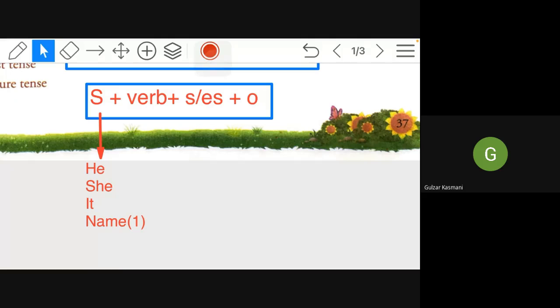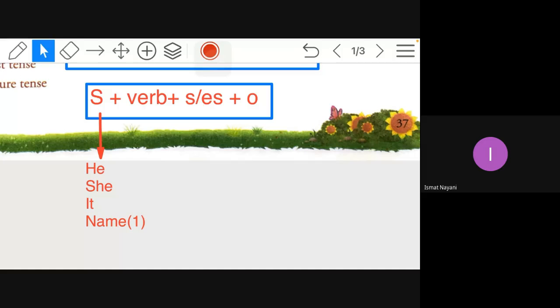Now, my question is to Alisha. Sayyada, here too, you have two options, S or ES. Sometimes we have to add S, sometimes we have to add ES.